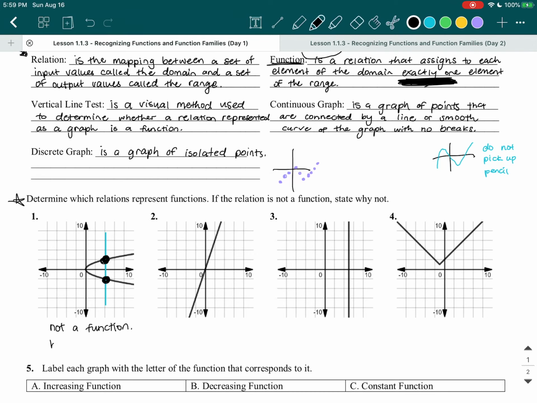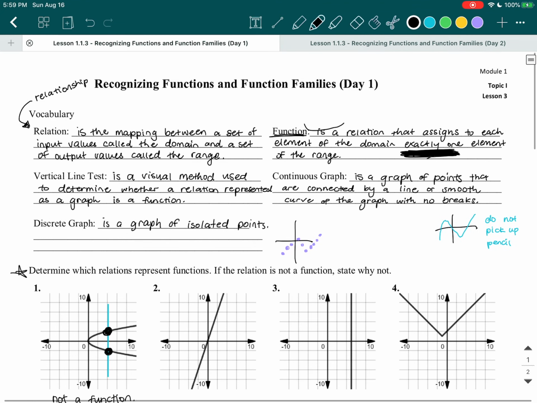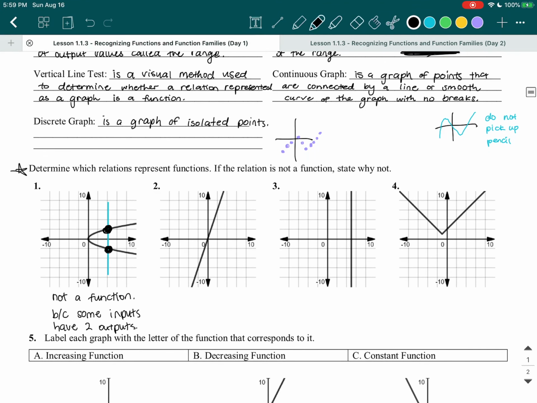And that's because, I'm just going to shorten it, so write B/C for because some inputs have two outputs. Oops, I don't know why I keep scrolling, my bad. Okay, so this is not a function because some inputs have two outputs, and you can see the two outputs because when I draw a vertical line to represent that one input, you can see it touches at 2 points, which means it has two outputs.